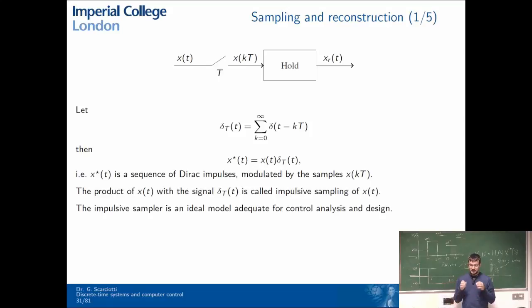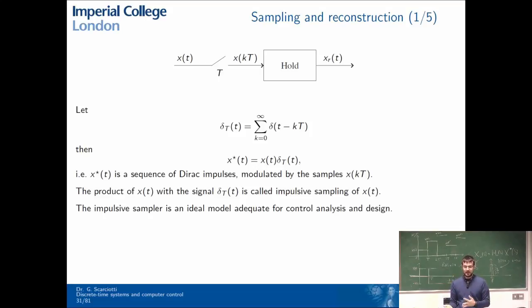So what we obtain here is something that doesn't exist? No, because the impulsive sampler here is just something that makes us understand what is happening. We don't need to build any impulsive sampler. This is just telling us that this x star of t, this signal that appears in the mathematics that maybe we don't understand, is actually what we obtain if there exists an impulsive sampler and we use it on the signal.